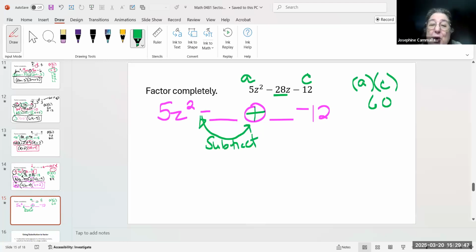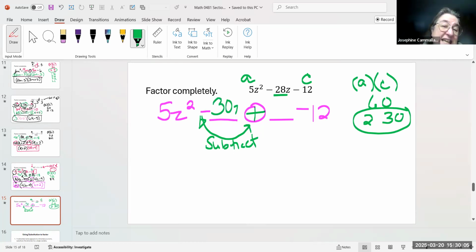Well, hopefully you know that 2 and 30 multiply to give me 60, but subtract to give me 28. And don't forget, 30z must sit with that negative because 28 is negative. The signs are different, so we are subtracting.